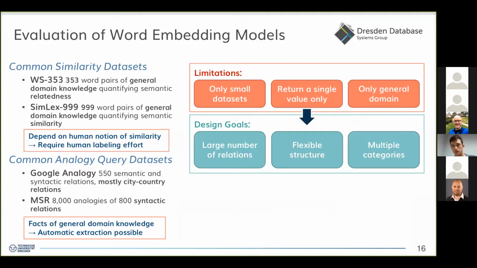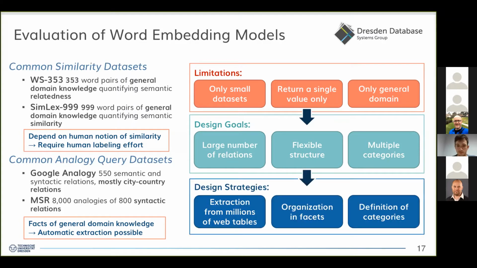So our design goals were therefore to construct an analogy data set with a larger number of relations and a flexible structure that allows a tester to extract some pieces from this data set to construct its own evaluation data set, which then fits to a specific application task, and also define some categories for domain-specific evaluation.